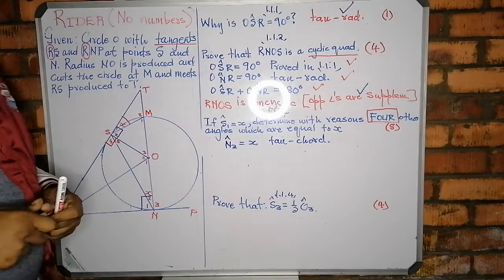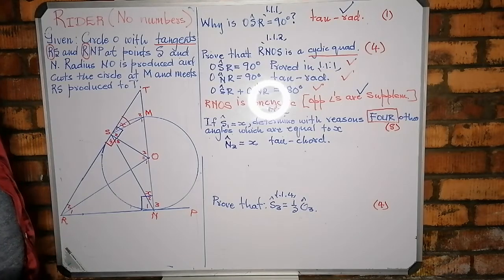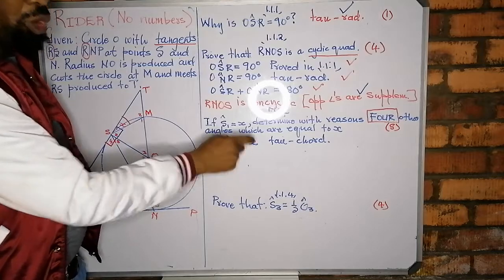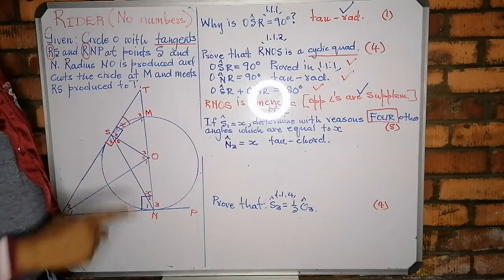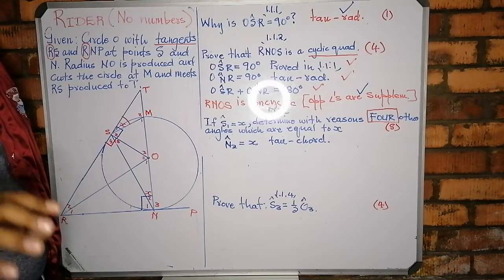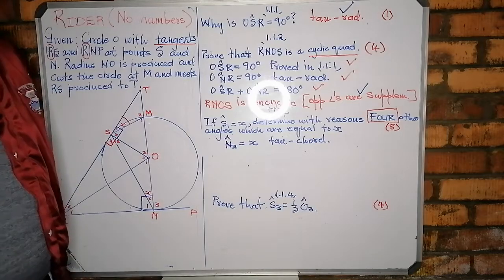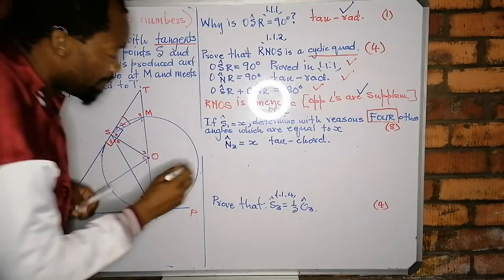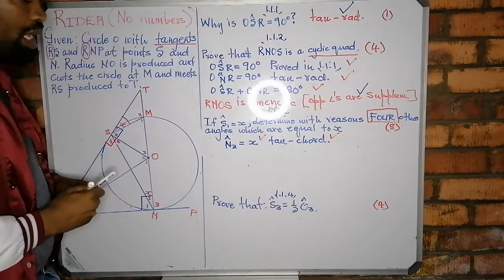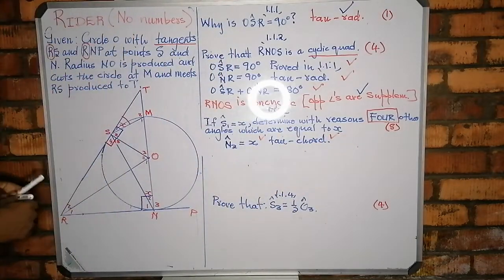Now, those of you who are going to be writing the exam in June, both grade 11 and grade 12, I bet there would be a question on tan chord. We can put a bet, 1 million, you are going to get a question on tan chord. Now, it would be 1 mark for the statement, 1 mark for the reason.